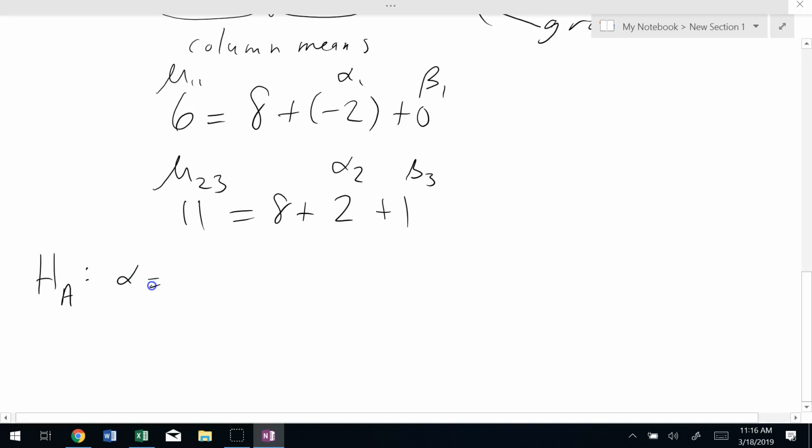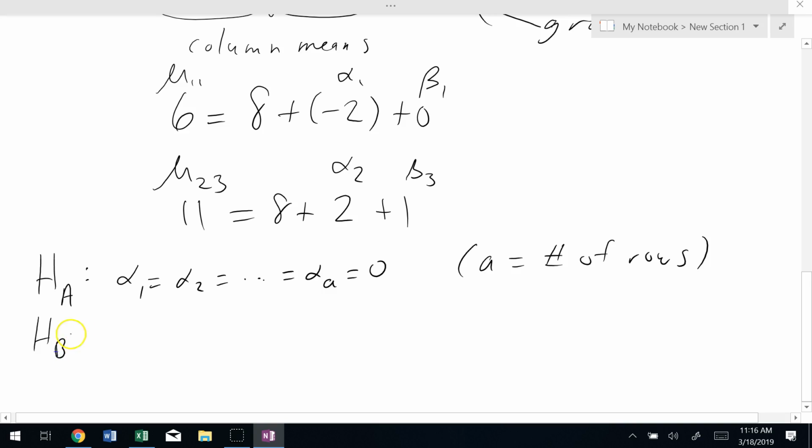So your H sub A is that your row effects are all 0. They do use an A. So the little a is the number of rows. Your null hypothesis for the betas, for your columns, looks similar.